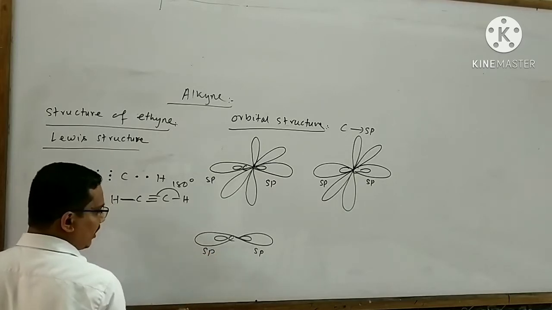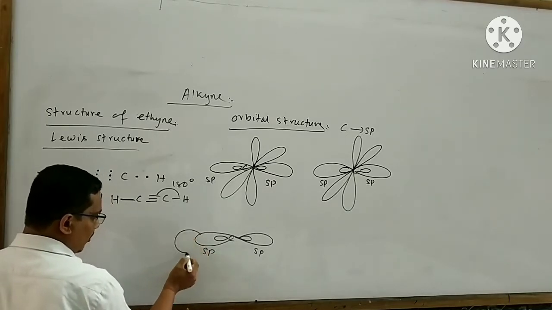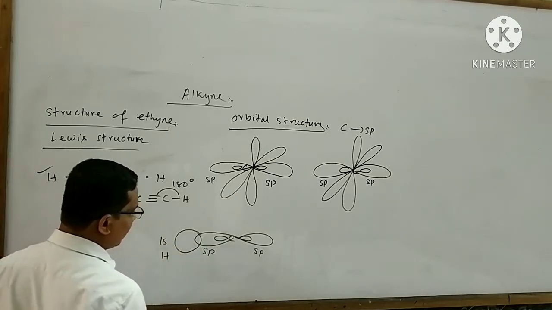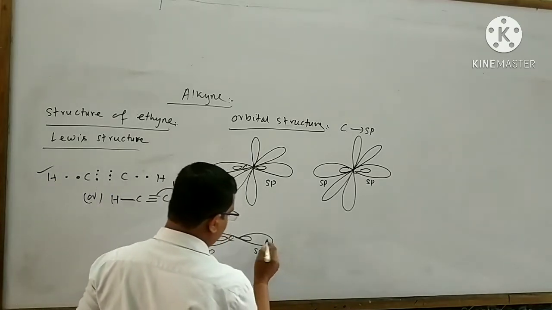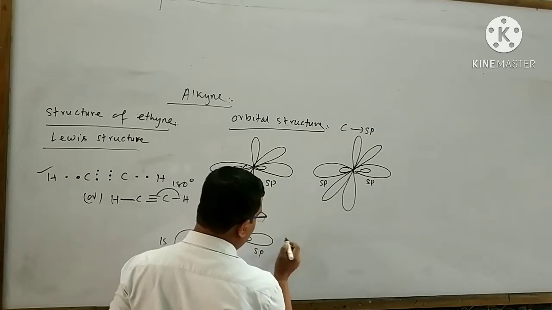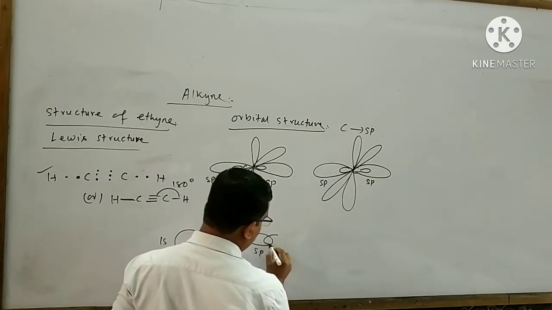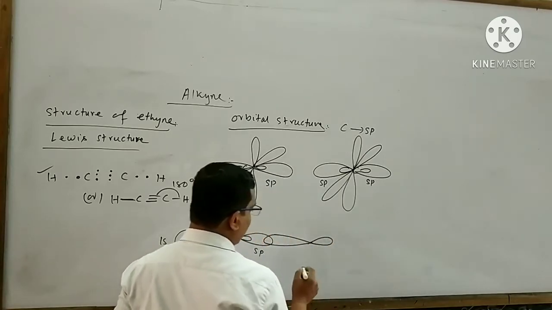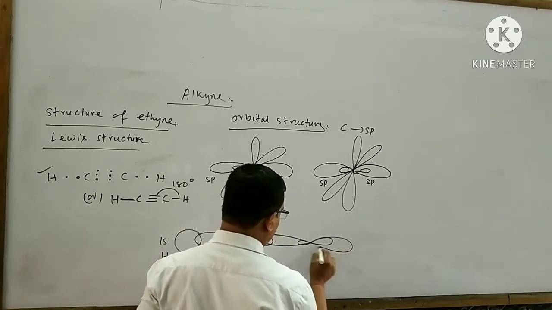This hybrid orbital undergoes head-on overlapping with the 1s orbital of a hydrogen atom. On the other hand, this hybrid orbital undergoes head-on overlapping with the sp hybrid orbital of the other carbon atom like this.